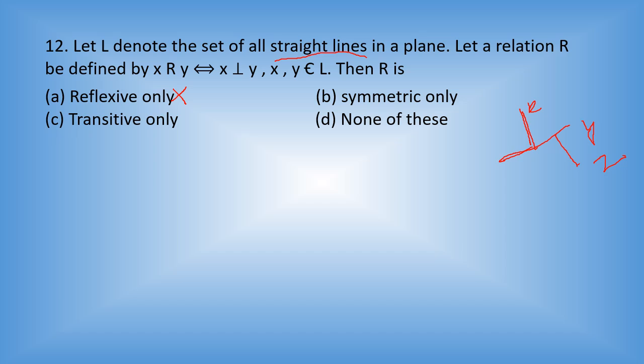To say that R is a transitive relation, x should be perpendicular to z. But x cannot be perpendicular to z. x and z are parallel to each other. Therefore, the given relation is not transitive. So the given relation is symmetric only.